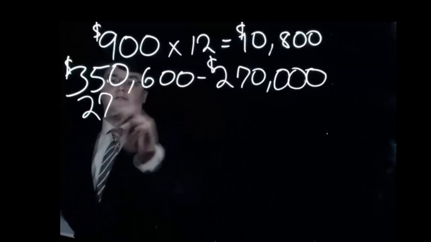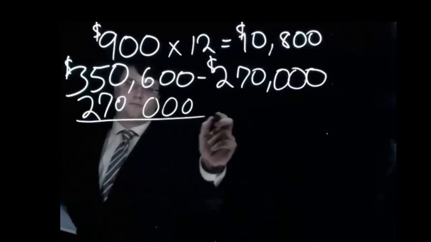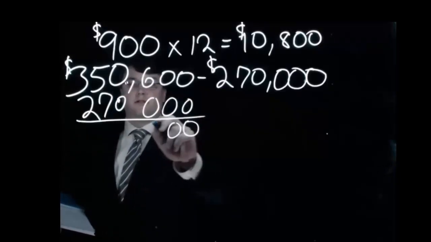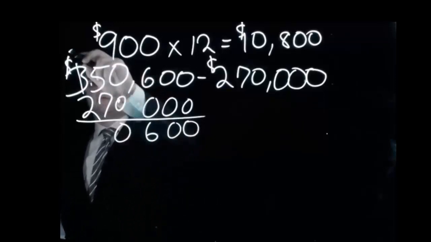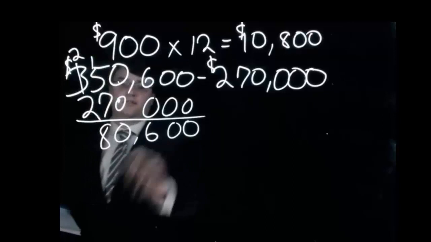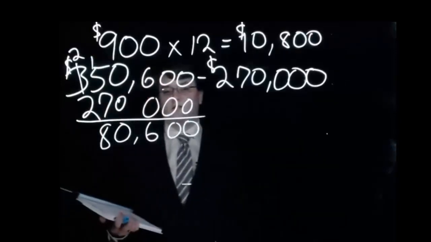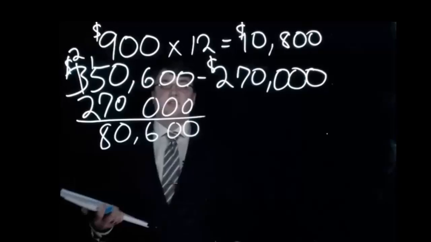I'll just go ahead and do this whole thing freehand. So there, 600. Should bring us to $80,600. They said that that would be subject to a 3% charge.